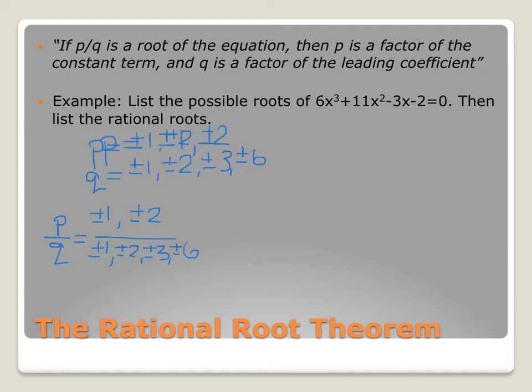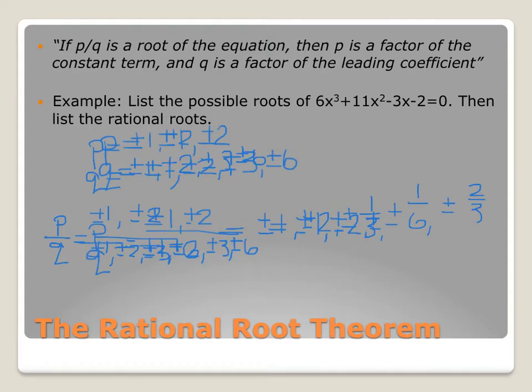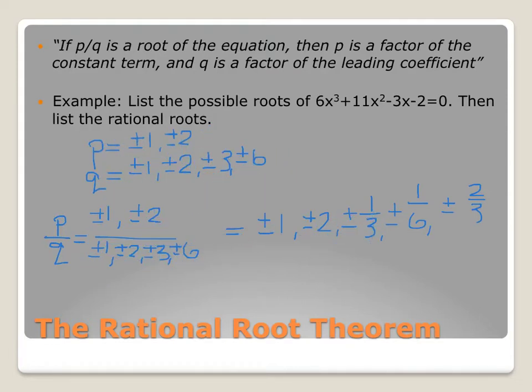After we take each chunk at a time, we'll eventually get positive and negative 1, positive and negative 2, positive and negative 1/3, positive and negative 1/6, and positive and negative 2/3. So that's what we're doing when the question asks to list the rational roots, and how the rational root theorem really works.